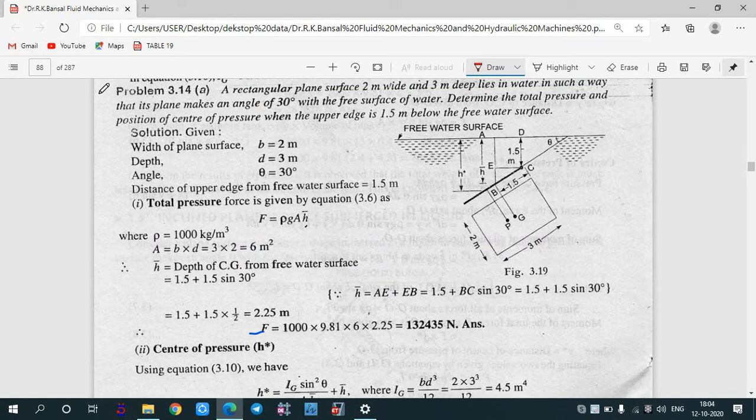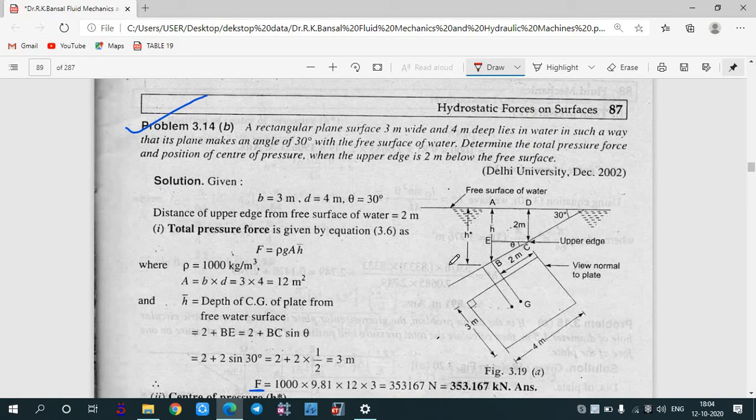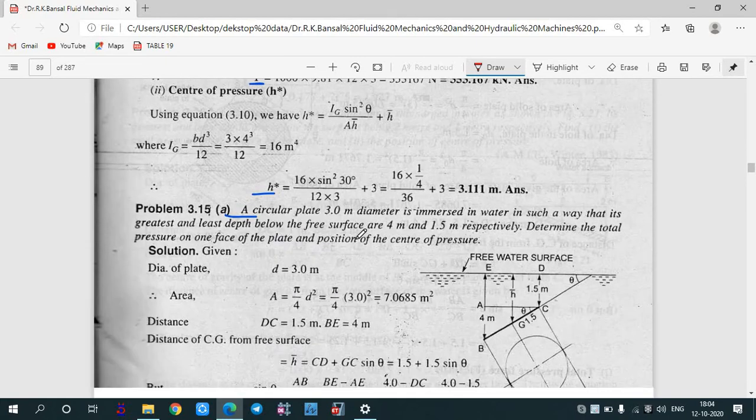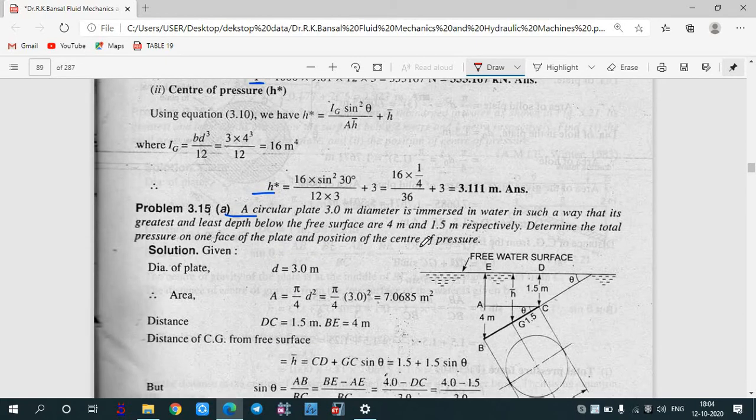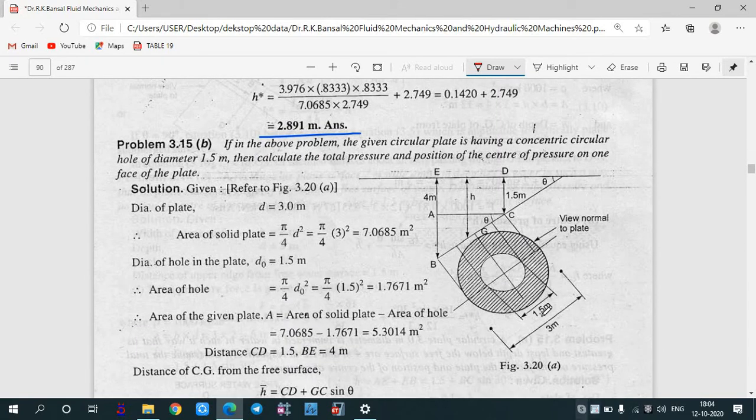When we did the first numerical, it was based on a rectangular plane. We calculated the force, which was coming out to be this value. We also calculated the h star value, which was coming out to be this much. Then we did another rectangular problem. Then we did a problem on a circular plane. Then we did another problem where a circular portion has been cut from a bigger circle.